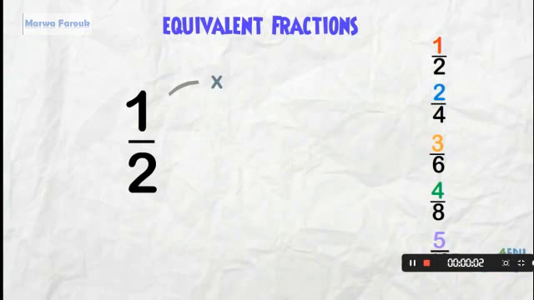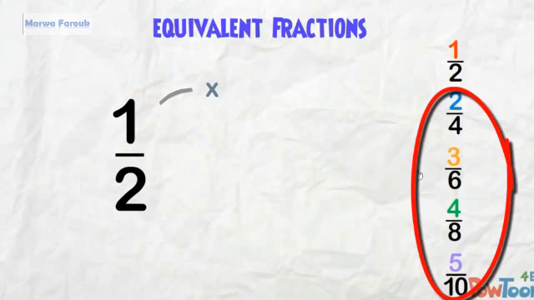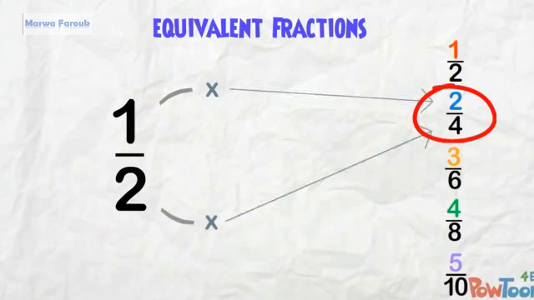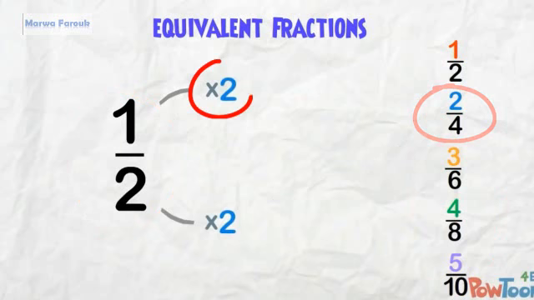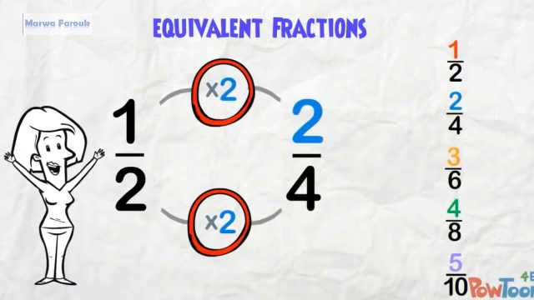Okay, let's see this example. Here we have 1/2, and we want to know how 1/2 will be equivalent to all these fractions. Okay, let's try first with the fraction 2/4. I will think 1 times what gets 2? 1 times 2 gets 2, and whatever I do to the top, I will do to the bottom, and 2 times 2 equals 4.